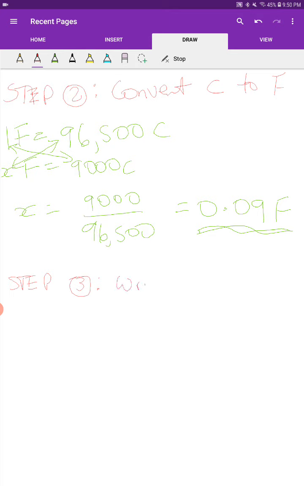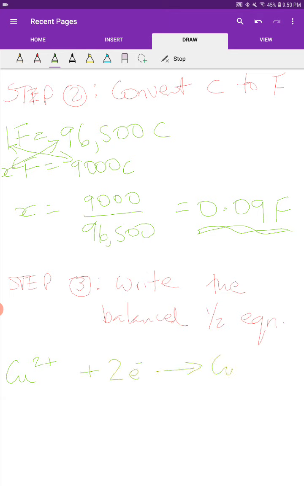So we're going to write the balanced half equation. Alright, so we're dealing with copper, so it's going to be Cu2+ ions gaining 2 moles of electrons to form copper.